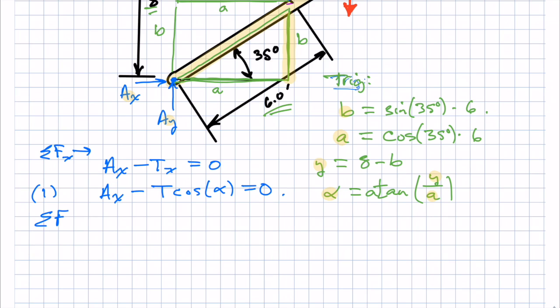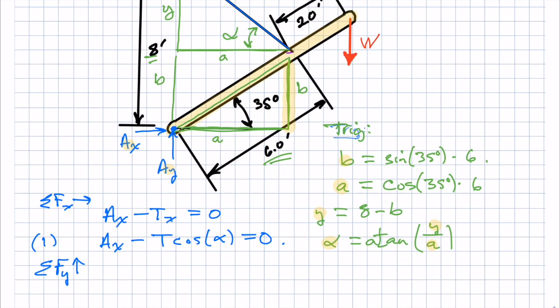So we need sum of forces in the Y direction. Looking at the free body diagram, I have AY moving up, I have the vertical component of T. That's also moving up, so this would be plus T sine of alpha.